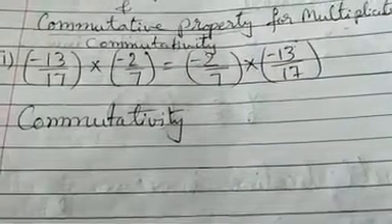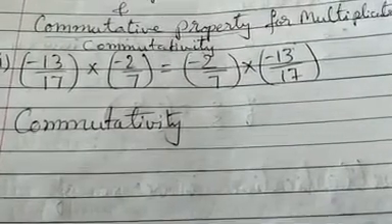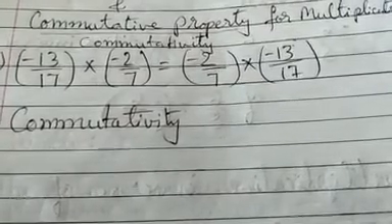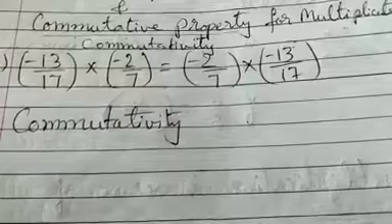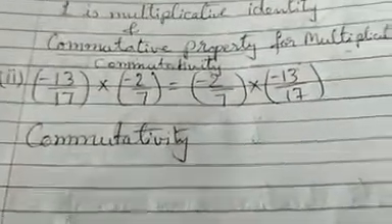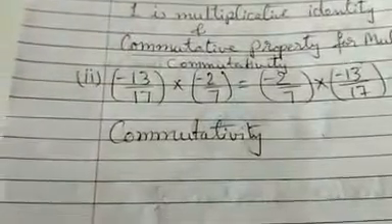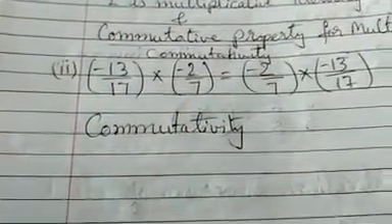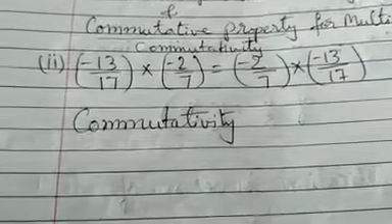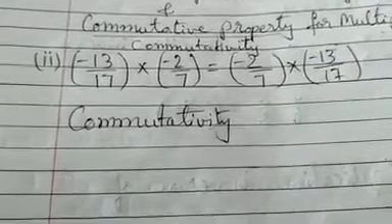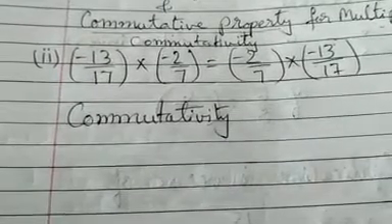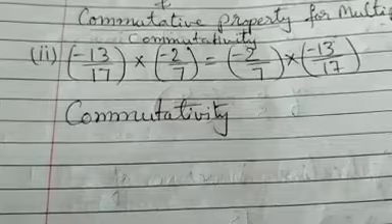Minus 13 upon 17 multiplied by minus 2 by 7 is equal to minus 2 by 7 multiplied by minus 13 by 17. Which property is it? It's commutative property for multiplication, or in other words you can say commutativity. Why? Here you can see the order of minus 13 upon 17 and minus 2 by 7 is changed.